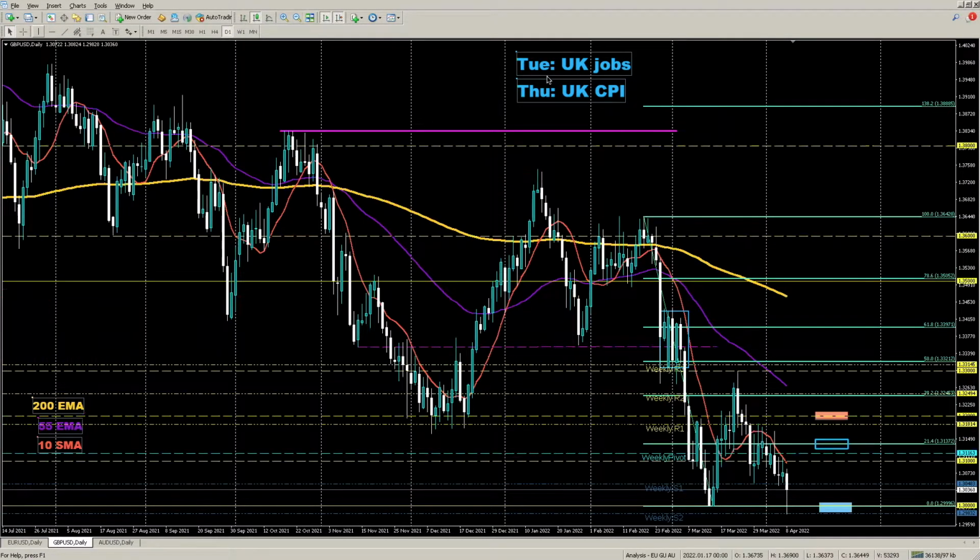Let's see whether there's any trigger to drive it lower from these news, a couple of news next week, the jobs and UK CPI. Or there could be consolidation after testing this swing low. All right. And UK as well will also have a holiday on Friday for Good Friday.